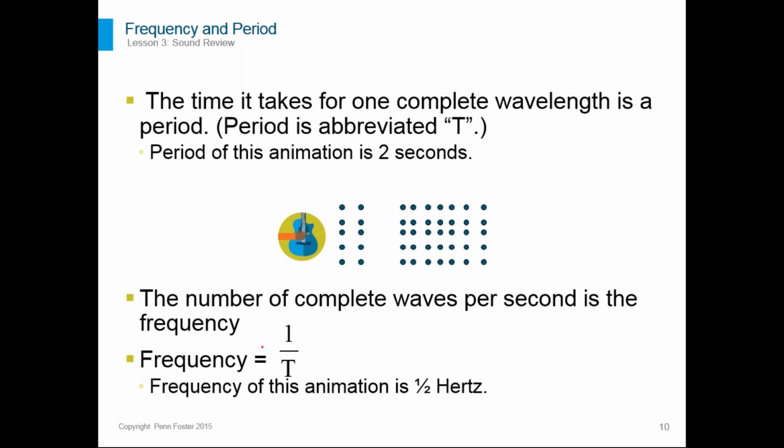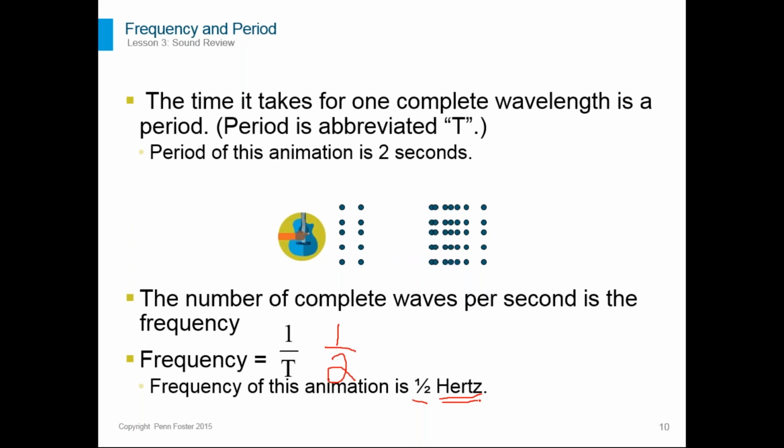So we could put it into this formula, and that's what we get. If the period is 2 seconds, frequency is going to be 1 over 2 seconds. All right, and so that gives us a frequency of 1/2. And when we measure frequency, the unit that we use is hertz. Hertz just means waves per second. So frequency is half of a hertz.